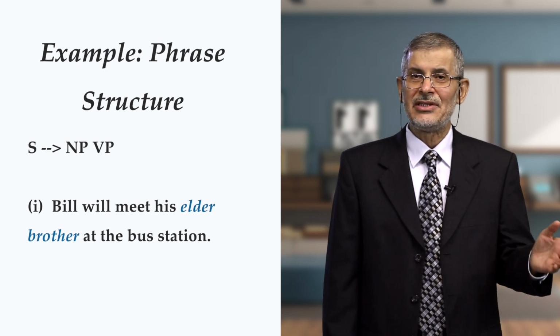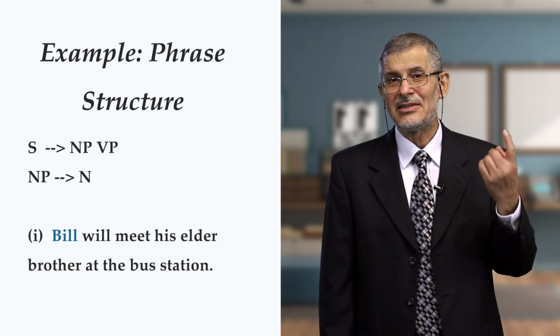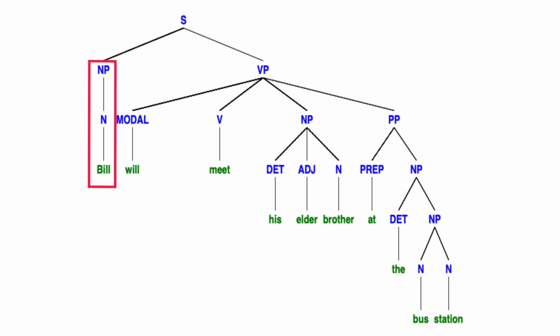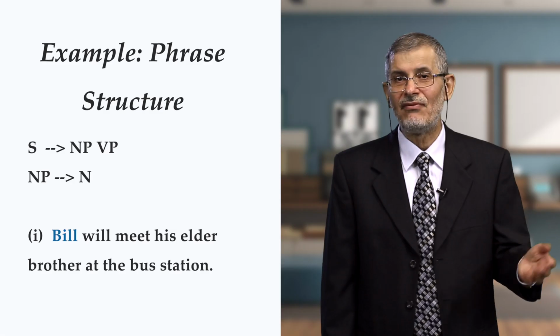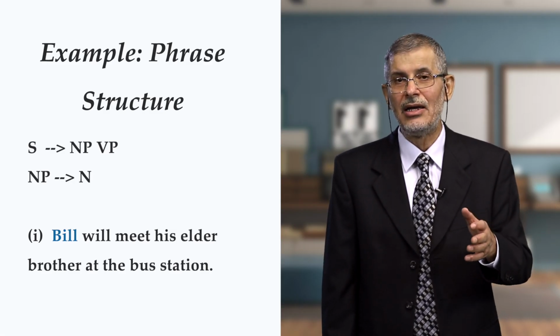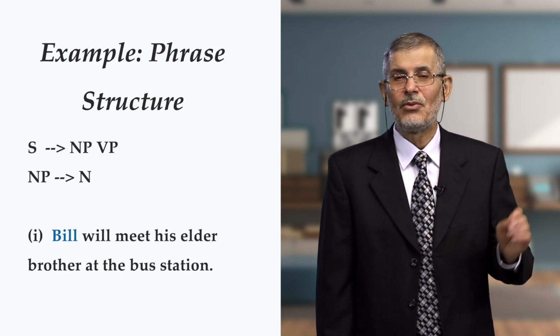Now, the first constituent, the noun phrase, in this particular sentence consists of only one word, and that is Bill. But it could consist of more than one word. You could say the boy, you could say the big fat boy, the big fat boy who came from Ireland, whatever.